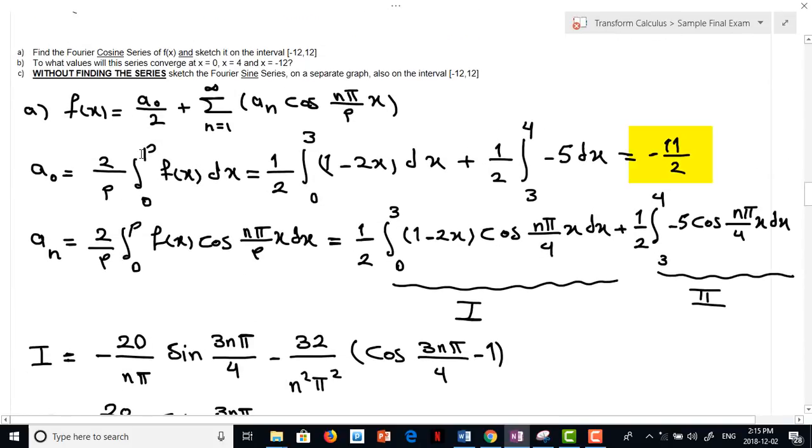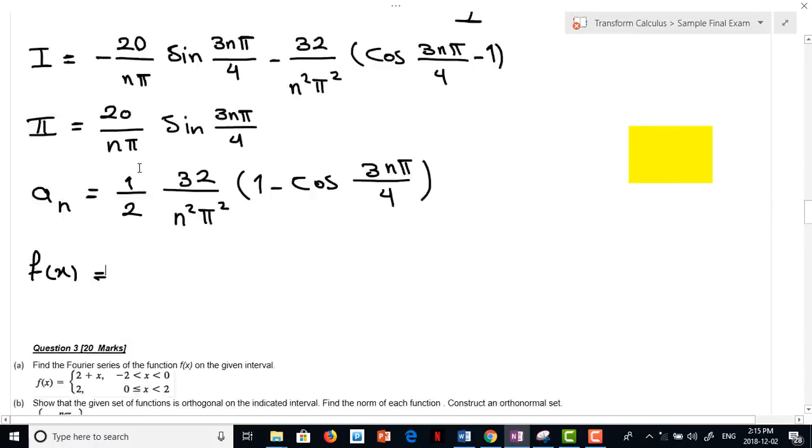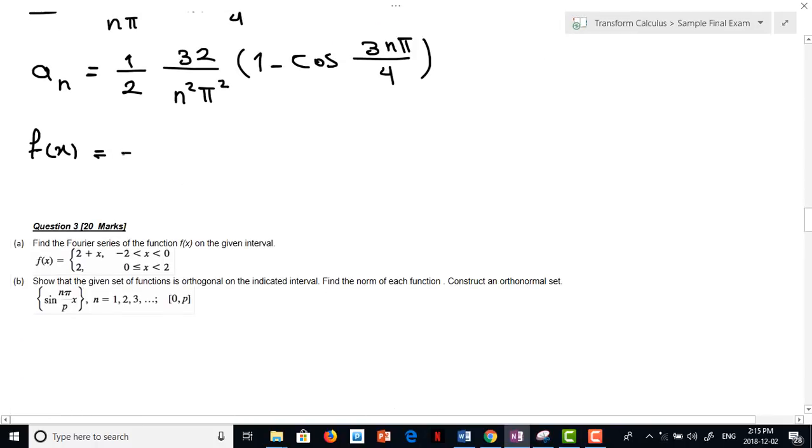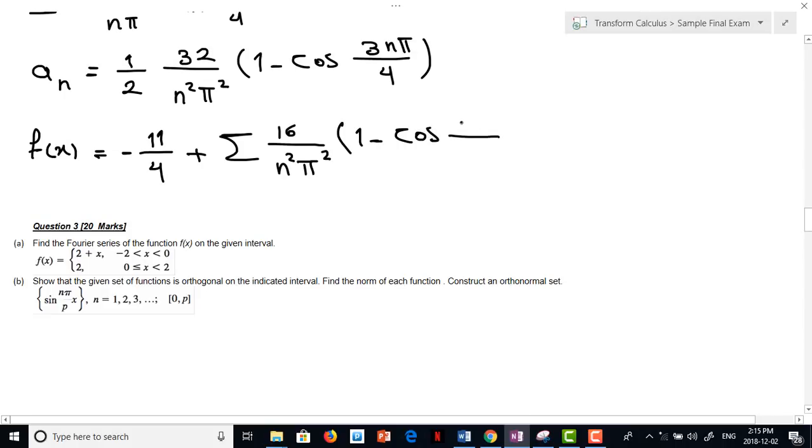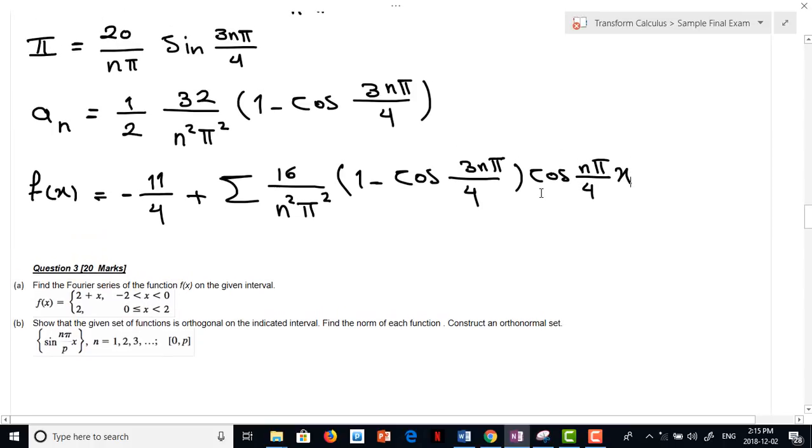We found a0 is equal to minus 11 divided by 2, so we have minus 11 divided by 4 plus the summation of an, where an is equal to 16 over n squared pi squared times (1 minus cosine(3n pi divided by 4)) times cosine(n pi over 4 x). So we could find the Fourier cosine series of the function.